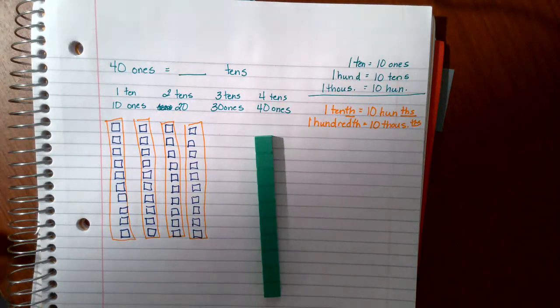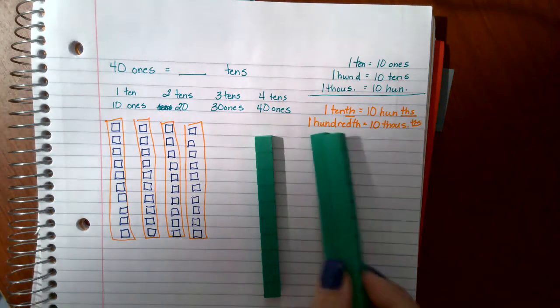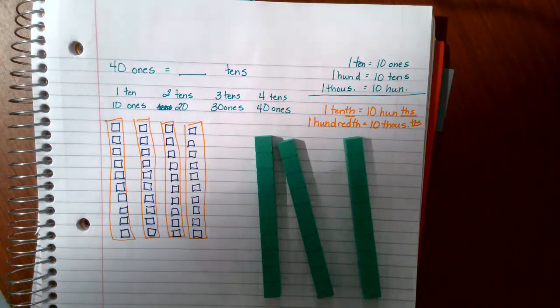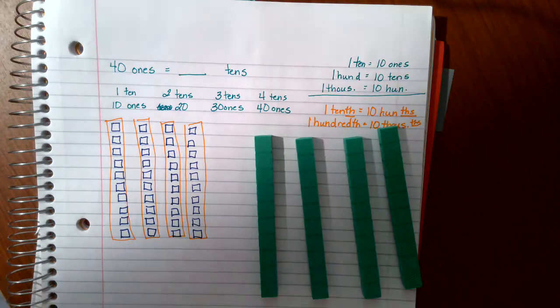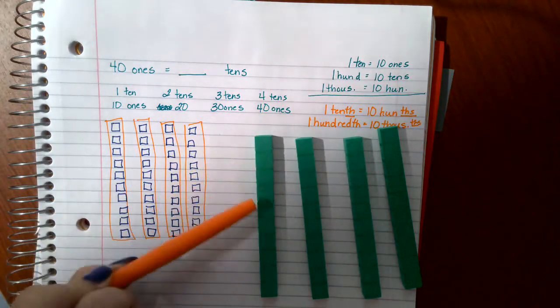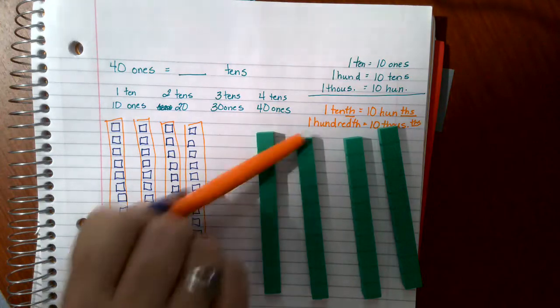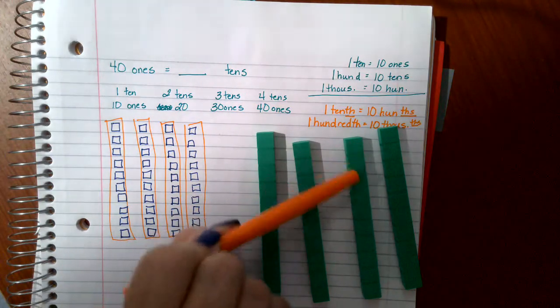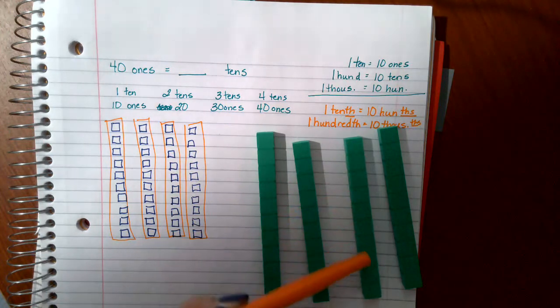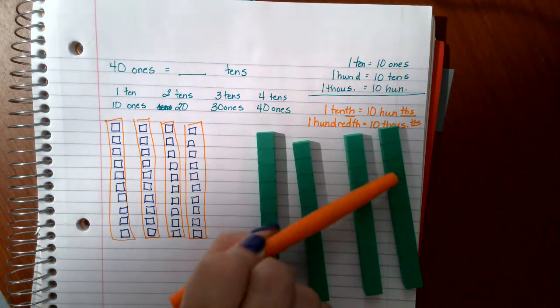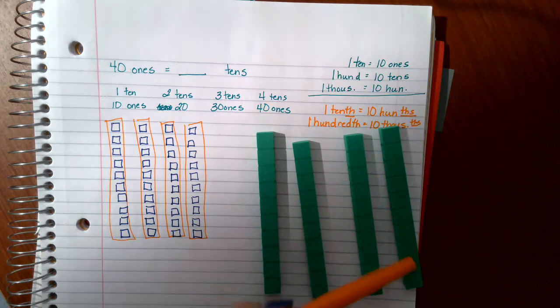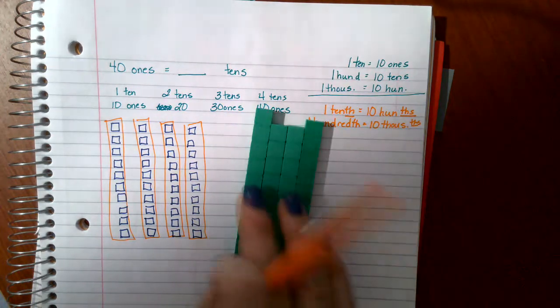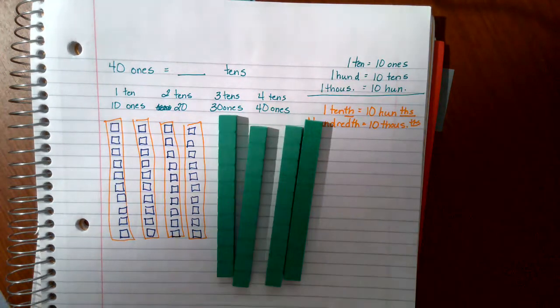But if we look at this, we can count out each of the cubes that would be positioned in here. And we can say 1, 2, 3, up to 40. 40 ones is 4 tens.